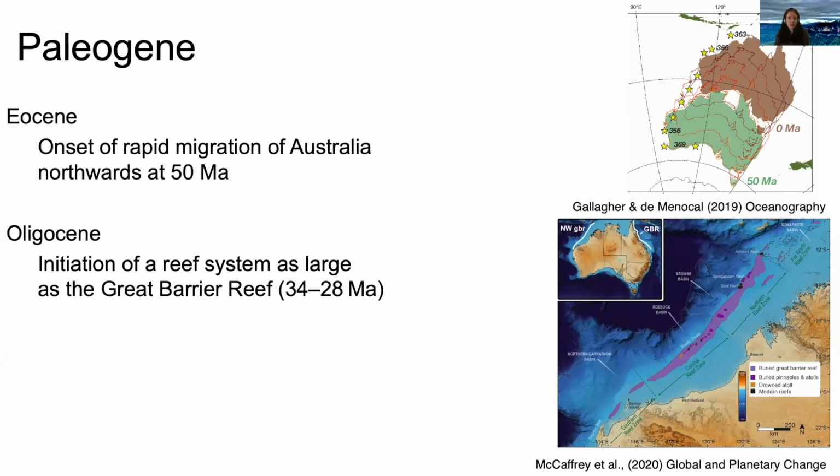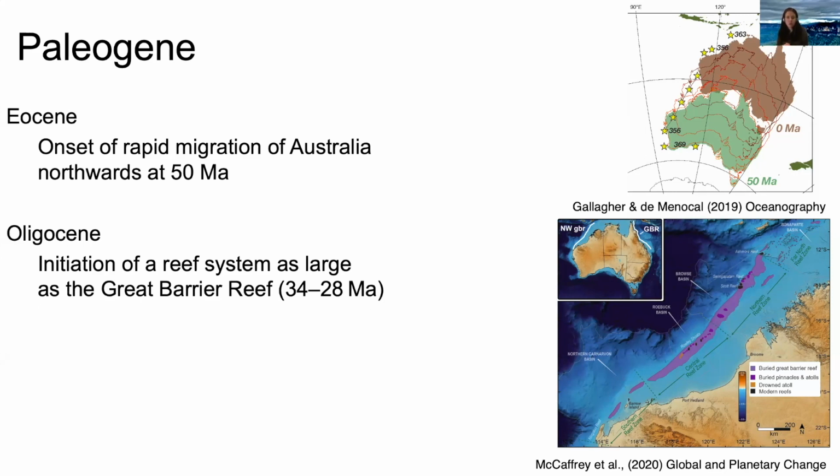Then in the Paleogene, specifically in the Eocene, we have an onset of rapid migration of Australia from 50 MA onwards. And in the Oligocene, we have the initiation of a rift system as large as the Great Barrier Reef.